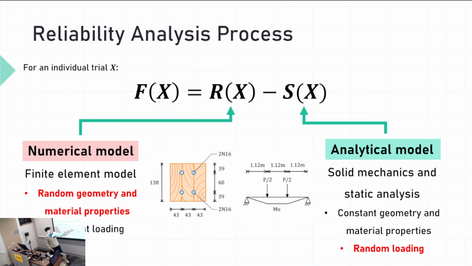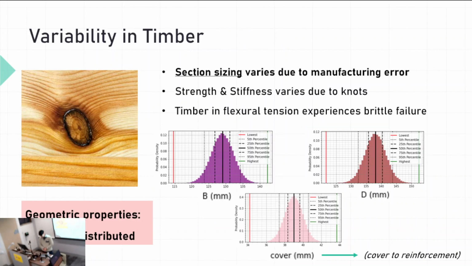And for S(X), the load, we use an analytical model, where we theoretically calculate it using solid mechanics and static analysis. We keep the geometry and material properties constant, but we randomly generate a loading parameter, which I'll show you in a bit, to model the load vector.